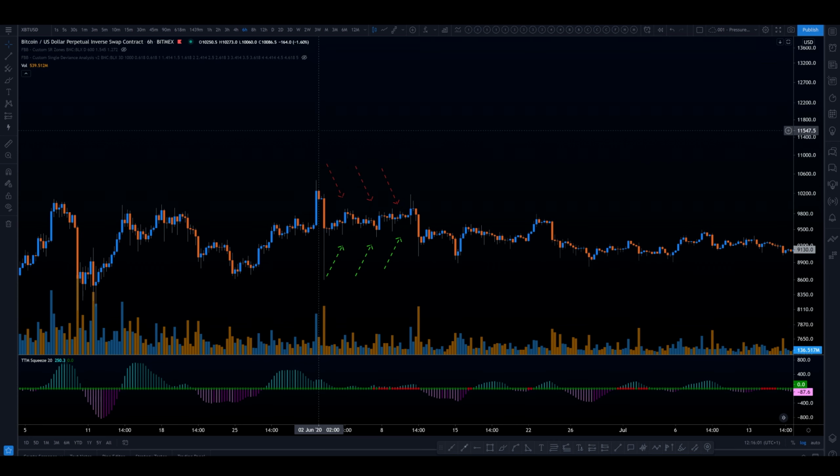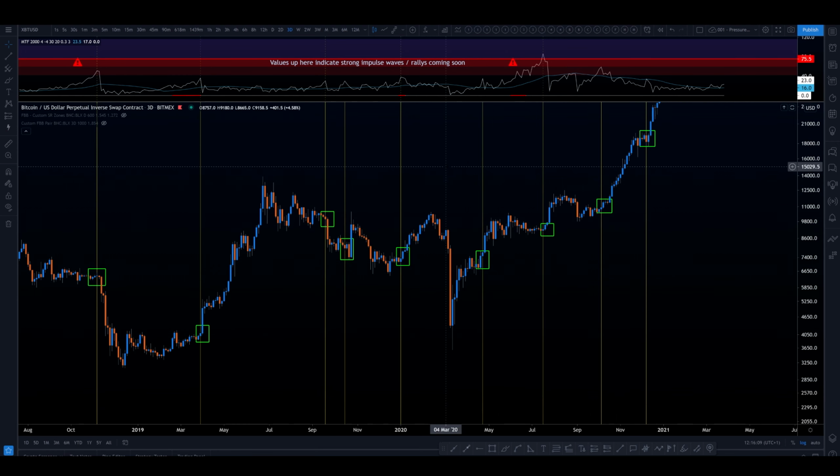Let me have a look at what I wanted to cover. Don't want to forget anything. Pressure oscillators. Yes, there's another type of indicator you can use. The TTM squeeze is such an oscillator you can use, but this one is one of my own indicators, and this measures the pressure strength on the higher time frames.